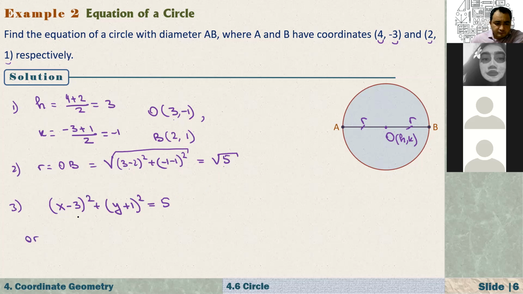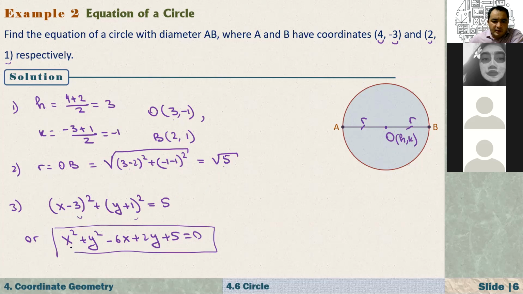Or expanding: x squared plus y squared minus 6x plus 2y, plus 9 plus 1 is 10, 10 minus 5 is 5, equals 0. So either this equation or the previous one, they describe the same circle.